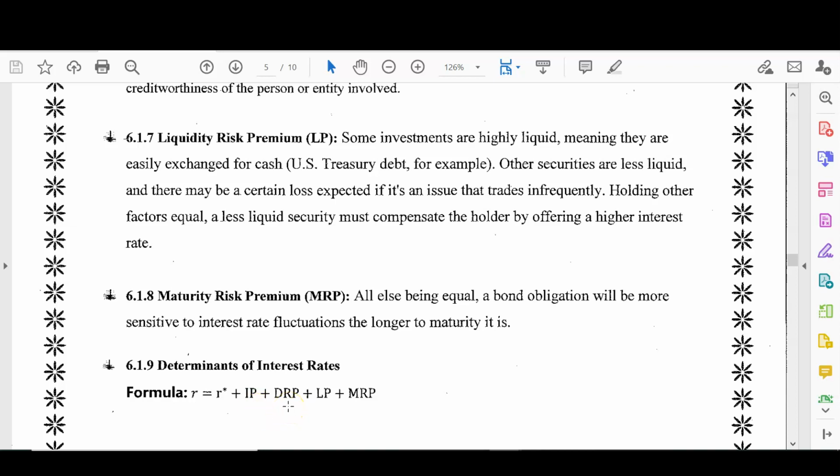Then after we add default risk premium DRP, liquidity risk premium, and the maturity risk premium, we will know the interest rate for the risky assets. The premium we add depends on what kind of risk this risky asset has: default risk, liquidity risk, or maturity risk. The higher the risk, the higher the premiums, the higher the interest rates.